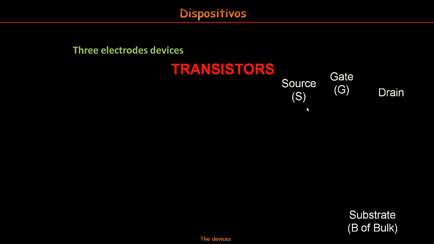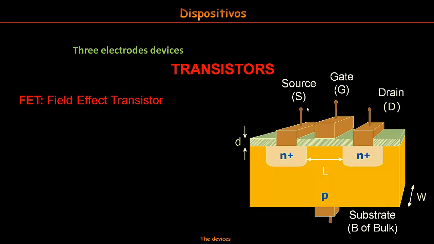Another way to make a FET is using a metal oxide semiconductor structure. This is a MOSFET. In this case, for instance, a P-type bulk has two N-type diffusions, with a high number of carriers, hence the plus mark here after the N character.